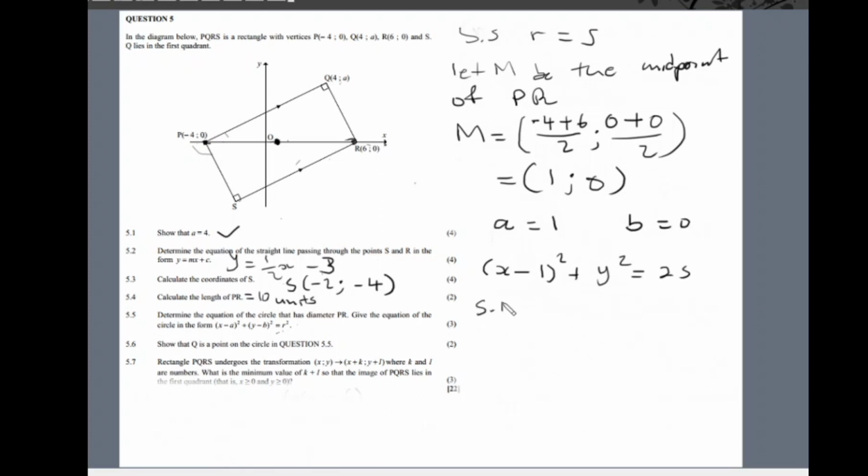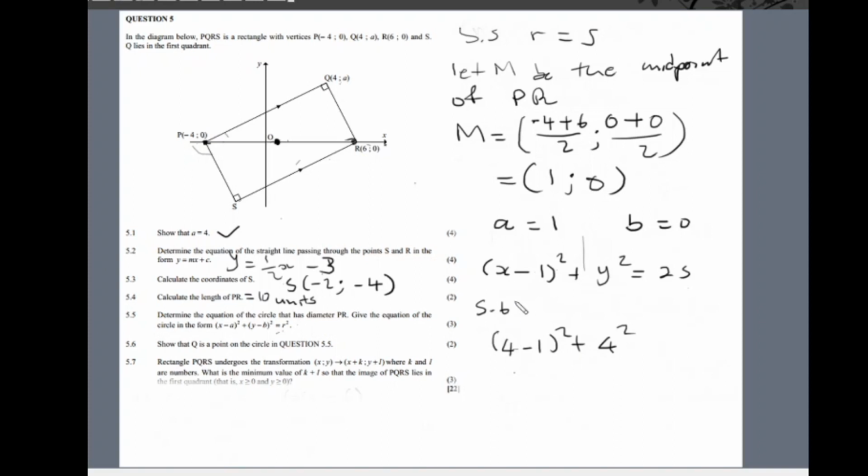Right, and then 5.6, to show that Q is a point on the circle. If we substitute the coordinates of Q into the left hand side of this equation, we should get 25, right? So x at Q is 4, so 4 minus 1 squared, plus y at Q is 4 also. Calculating this, 4 minus 1 is 3 squared.